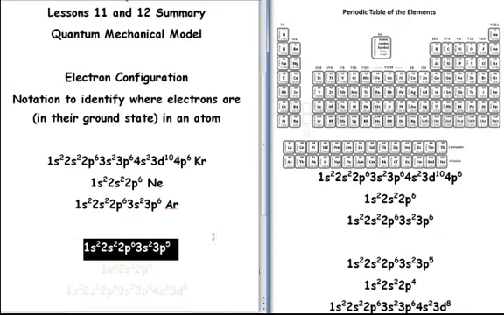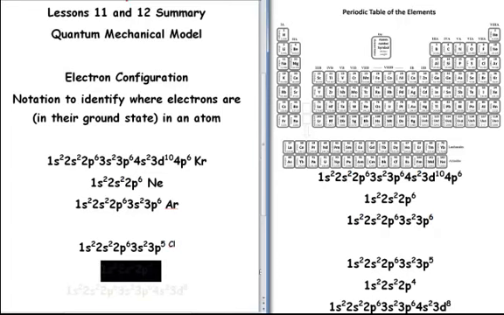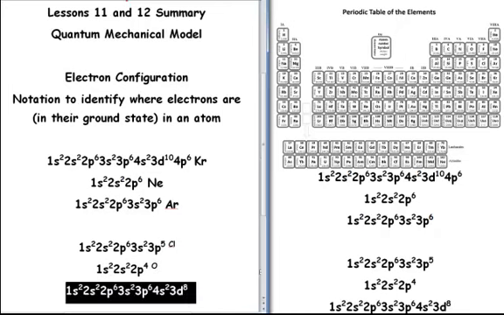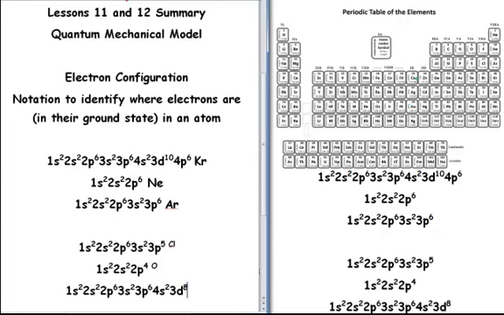This one is going to get us to chlorine, we will notice. And here's another one. This one gets us over to oxygen. And then the final one on the page, over to 3d8, which is nickel.